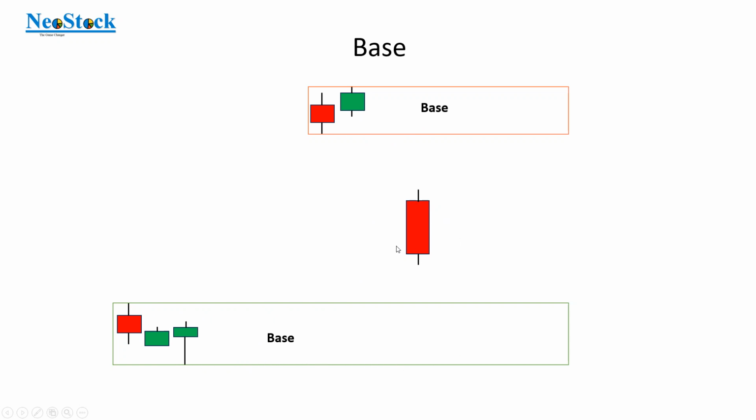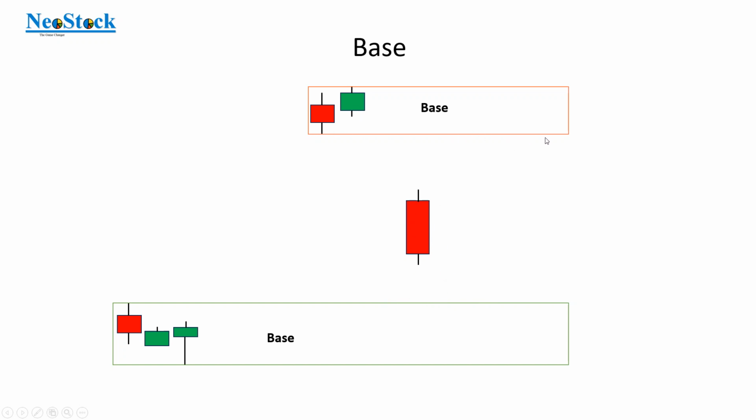When you are comparing both these bases with the current candle, which line is the nearest among these 2? Similarly, here also among these 2. And this line, the low line of this base, is the nearest. And what about here? The high line of this base is the nearest to this candle.